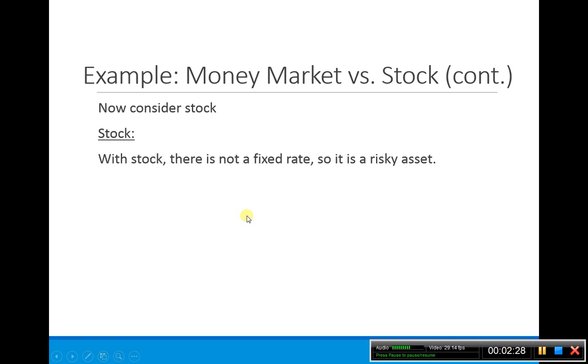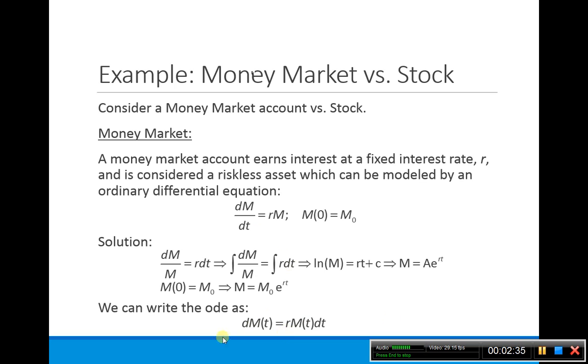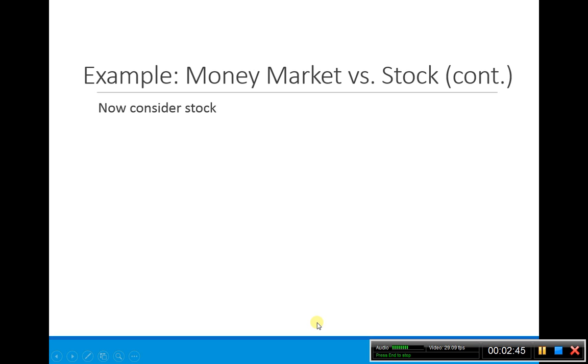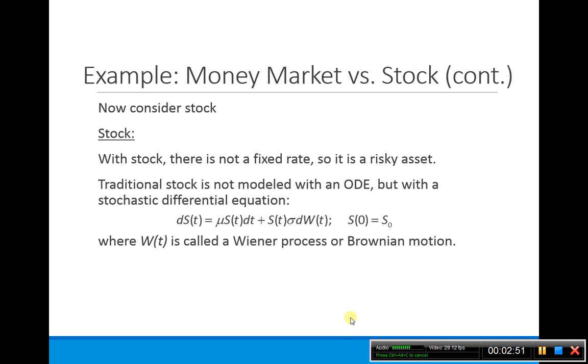If we go back up and look at our previous slide, down at the bottom we had the change in m is equal to some rate r times m dt. Now if we go back to the stock, part of our equation is that the change in S is some fixed number times our stock dt.